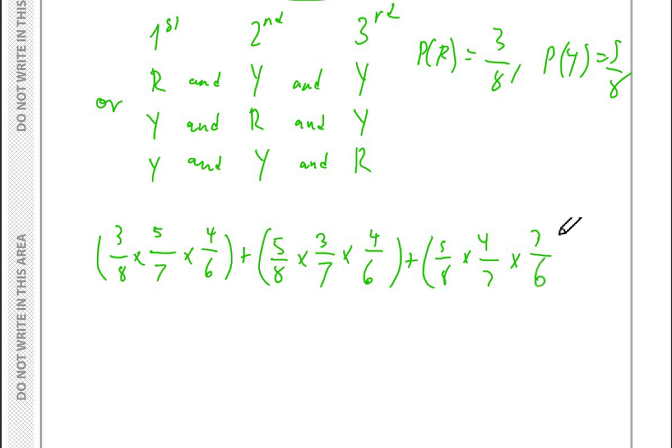Okay, you get the point of why I've written it like this, right? After he takes out 2 counters from the bag, say first pick, second, third, first, second, third, first, second, third.